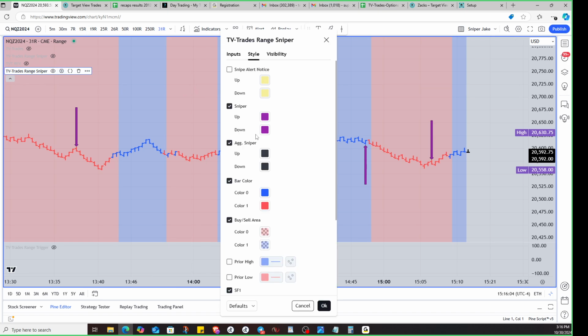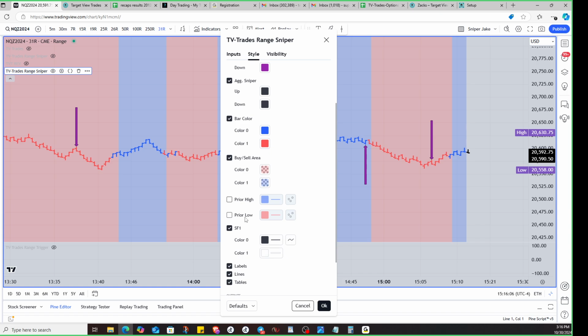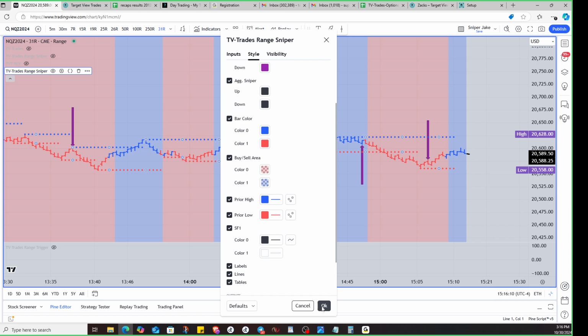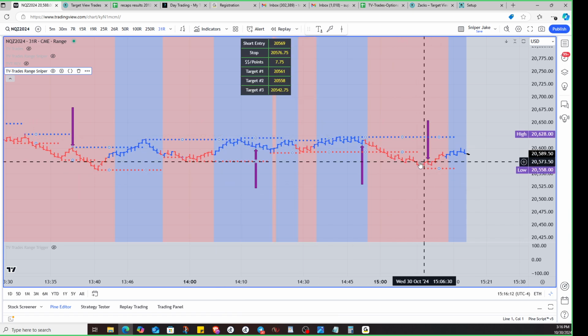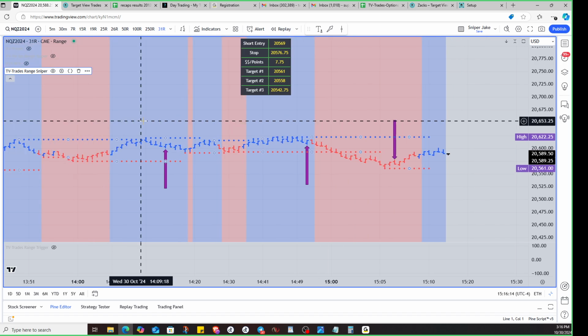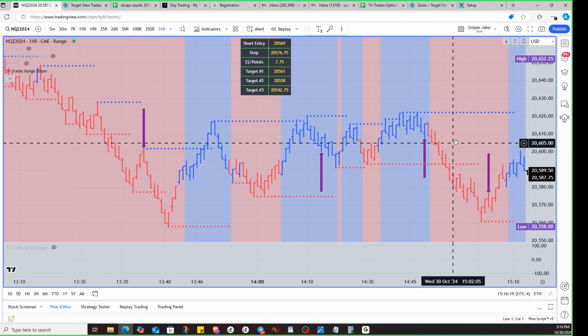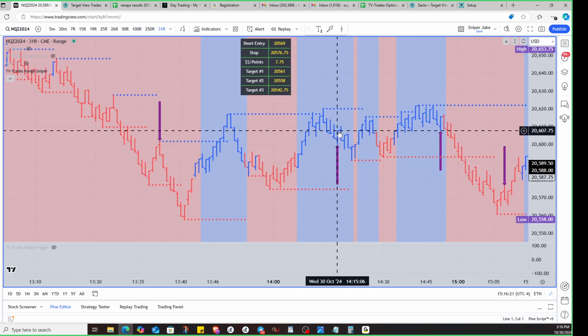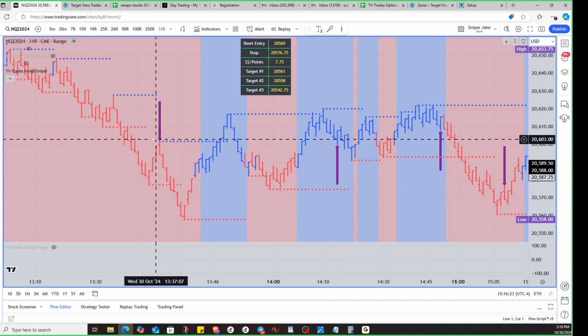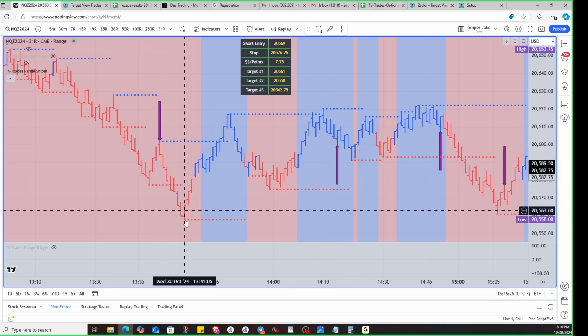Inside here, if you go down here, there's a prior high and prior low. If you add that on, what it does is it tells you, when you get into any trade, the first thing that you expect is that price is going to get to the prior swing high or prior swing low, right?